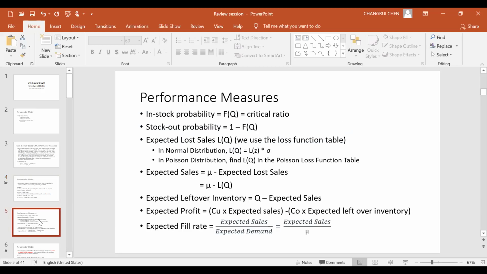And these are some equations of the performance measures I collected from the slides. First, in-stock probability is the same as critical ratio.